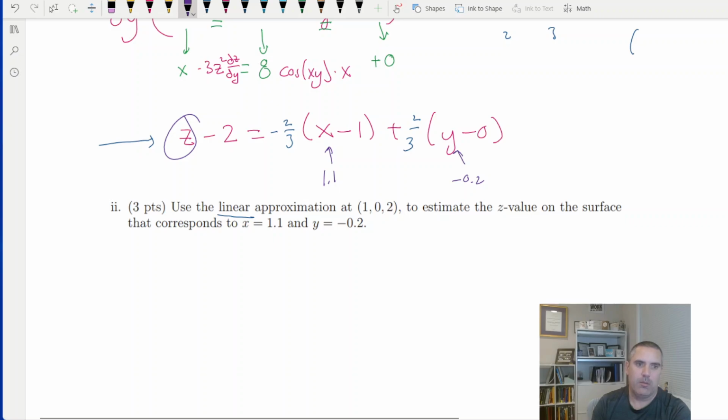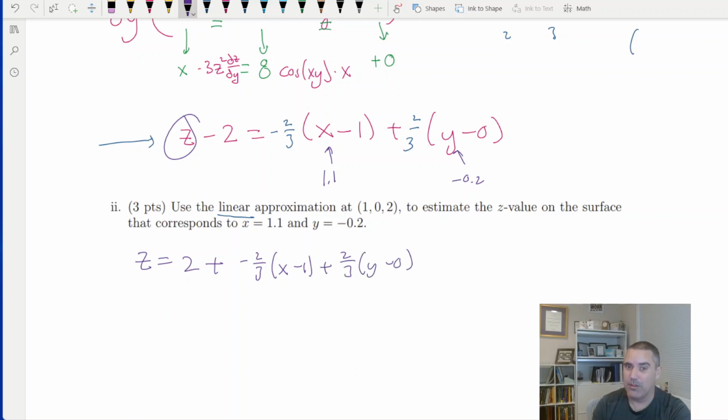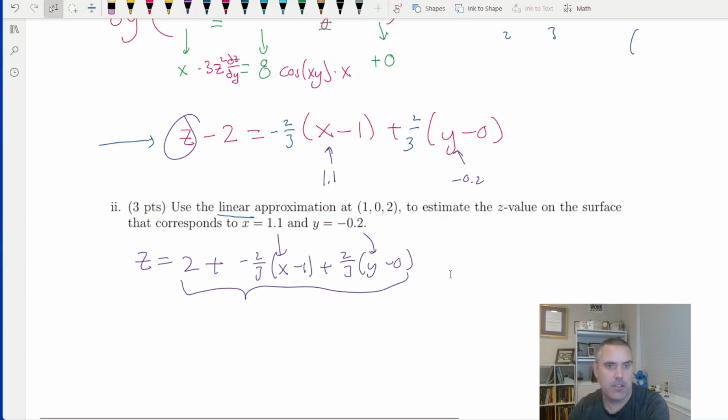We just are saying, well, the z is going to be 2 plus whatever we get out of the rest of this. So I think students don't understand that a question that's about linear approximation is just asking you for the tangent plane. That's it. Okay, so in this question, you're just going to plug this in here, tell me what z is. Done. That's just one of the main applications.